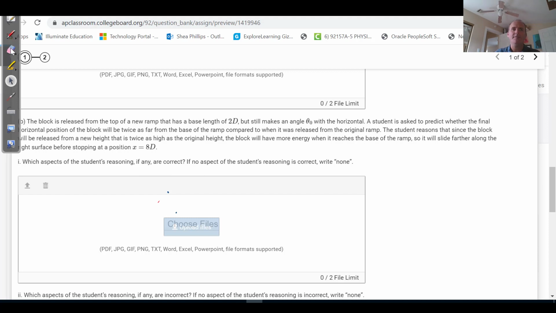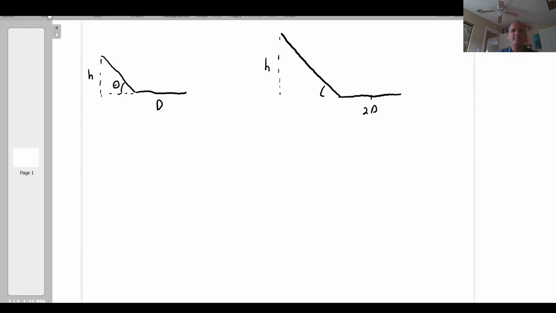Let's see. The first thing that he writes is the block will be released from a new height that is twice as high. Let's see if that's true. Is this height twice as high?